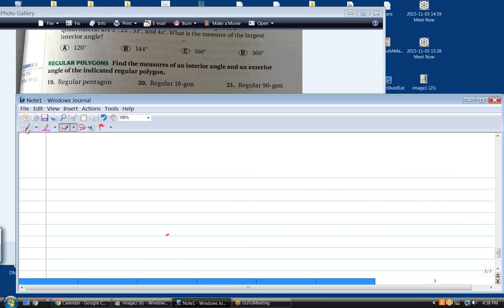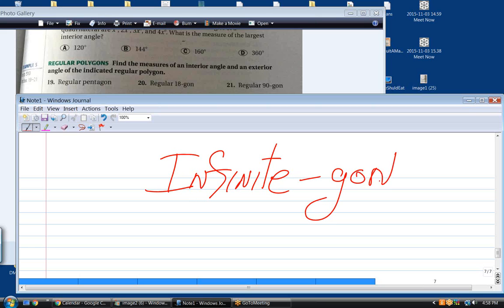What's an infinite-gon? I don't know, we haven't talked about it. I just made it up, but I wanted to know whether you're thinking about it. What would it be? Would it not have any sides? I don't think it'd have any sides. Exactly. So what is it called? A circle.